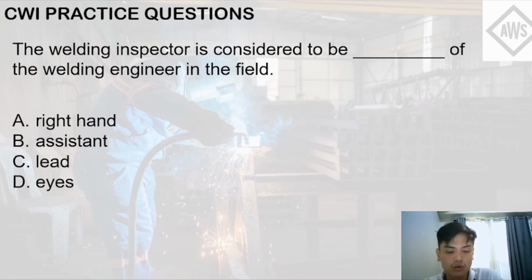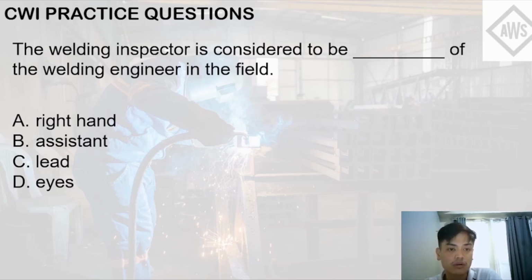There's what you call quality assurance and quality control. The one responsible for quality assurance, meaning the creation of specifications and quality standards, is the welding engineer, who does that and implements it in a construction project or in a maintenance activity in the plant, for example.